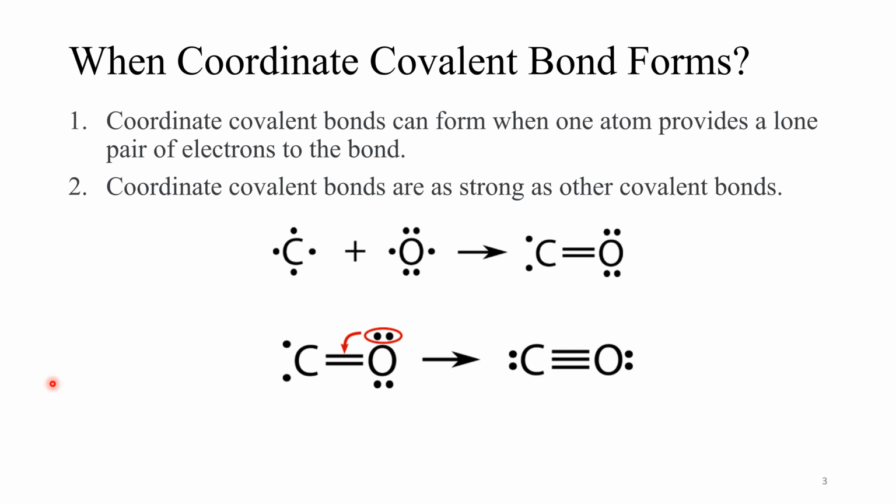This means that it has to look for something else to complete its octet. For example, if there is a carbon making only two bonds with oxygen, and the carbon is still not making enough bonds to complete its octet, what would that bonding be and how does it form?